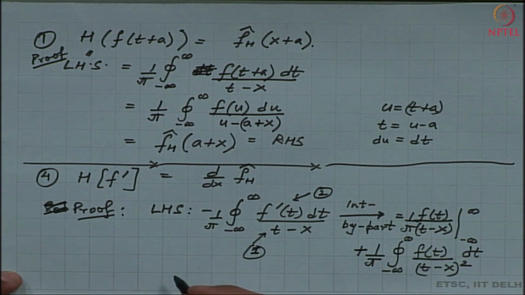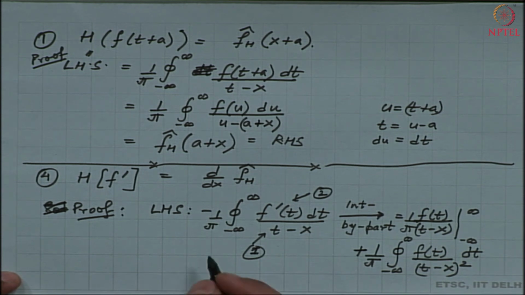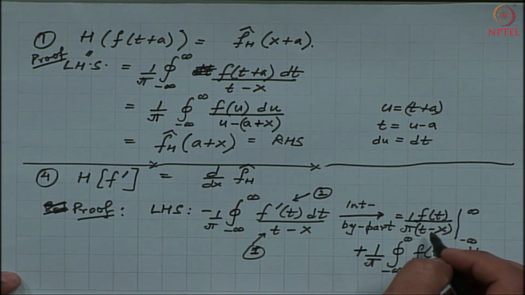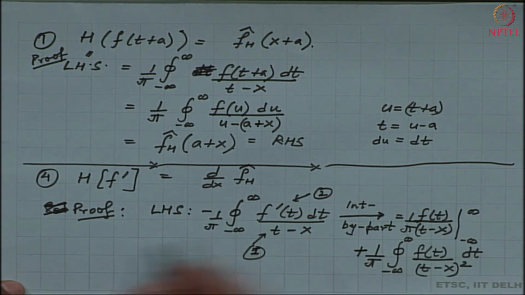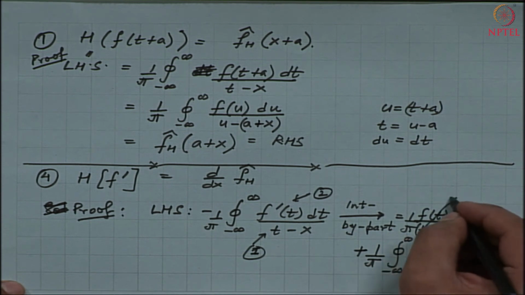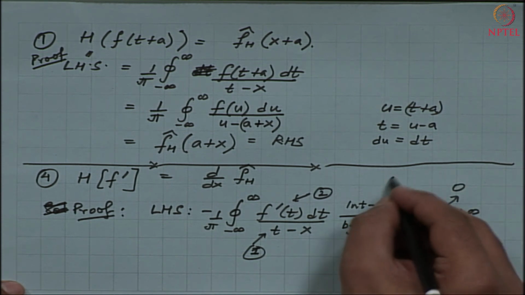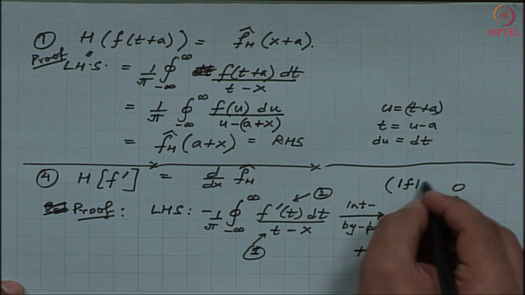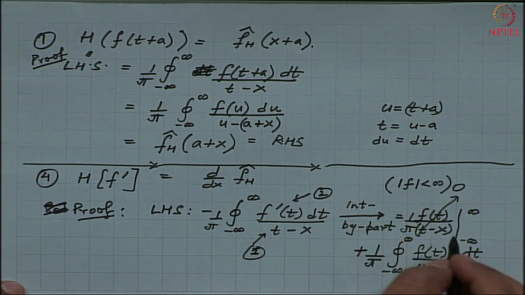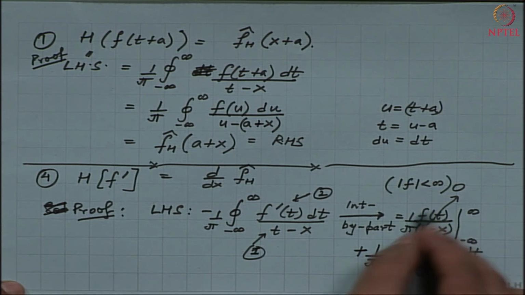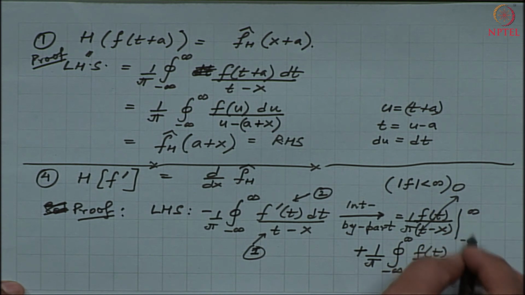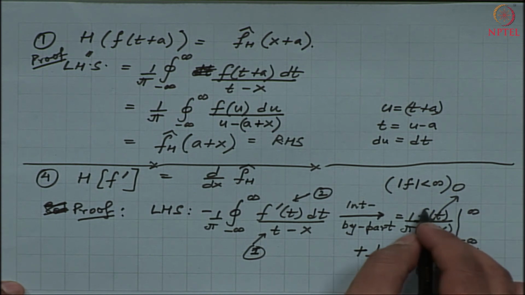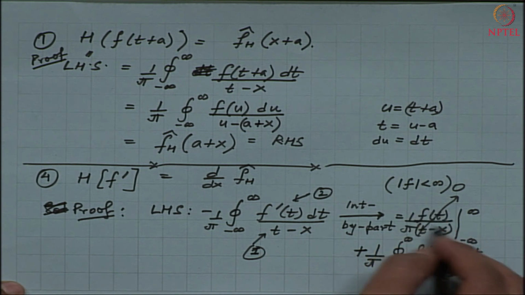Notice that the first term I can safely take to be 0, provided my function f is bounded. If the function f is bounded, then when I evaluate this term at the limits, my denominator blows up and for a bounded function this value is 0.